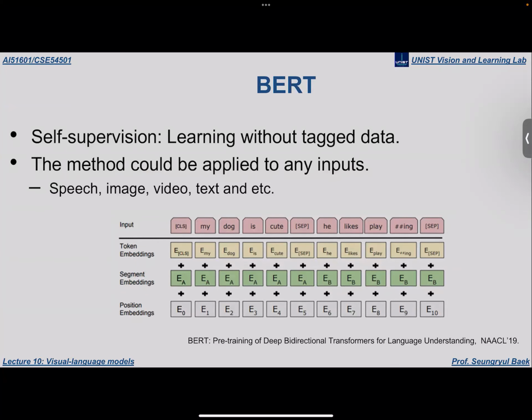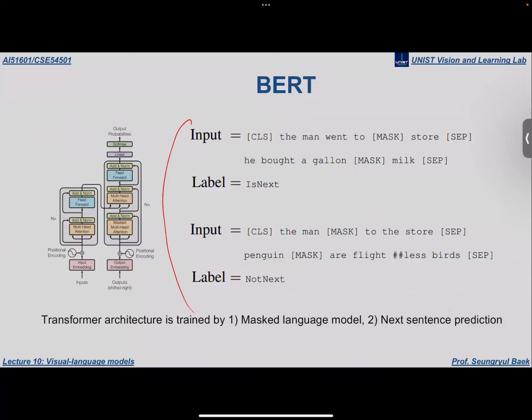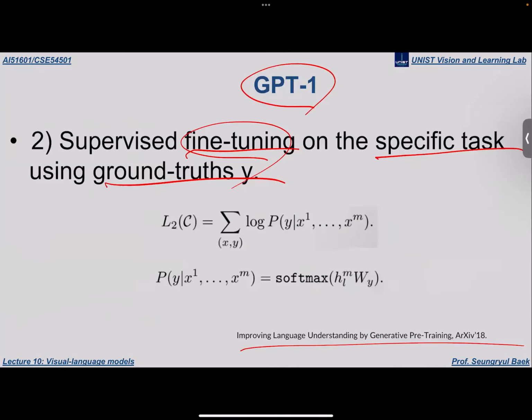And the next thing is they take a similar approach. This architecture is called BERT, but they also did some self-supervised learning. We already learned this in the self-supervised learning part. They slightly differ in the self-supervised learning part by doing two tasks, rather than the task like this.